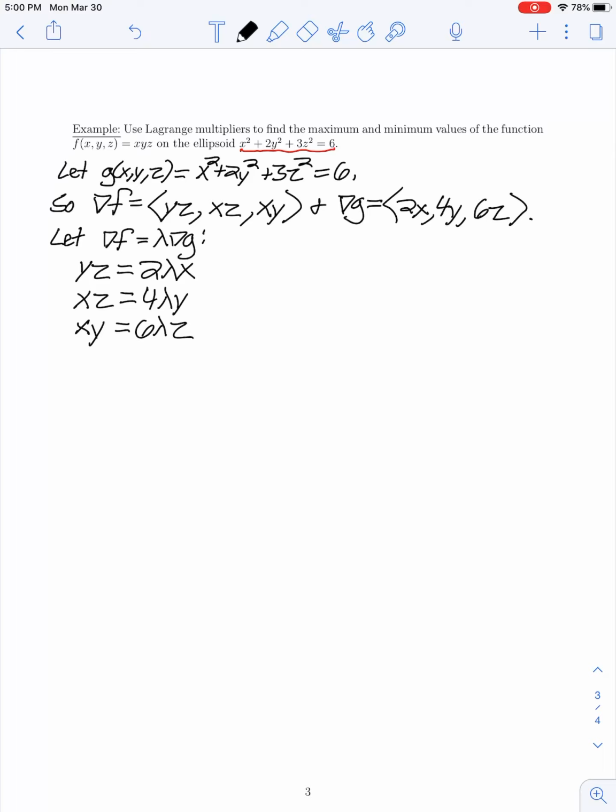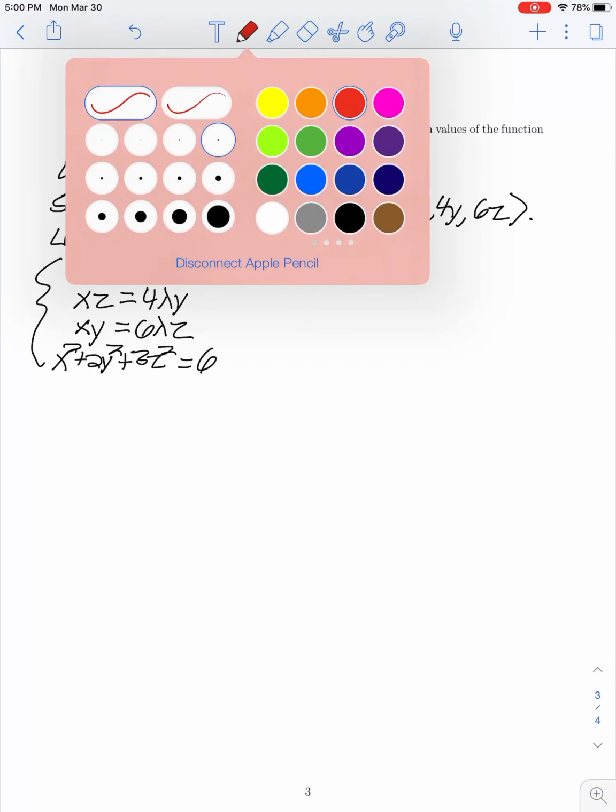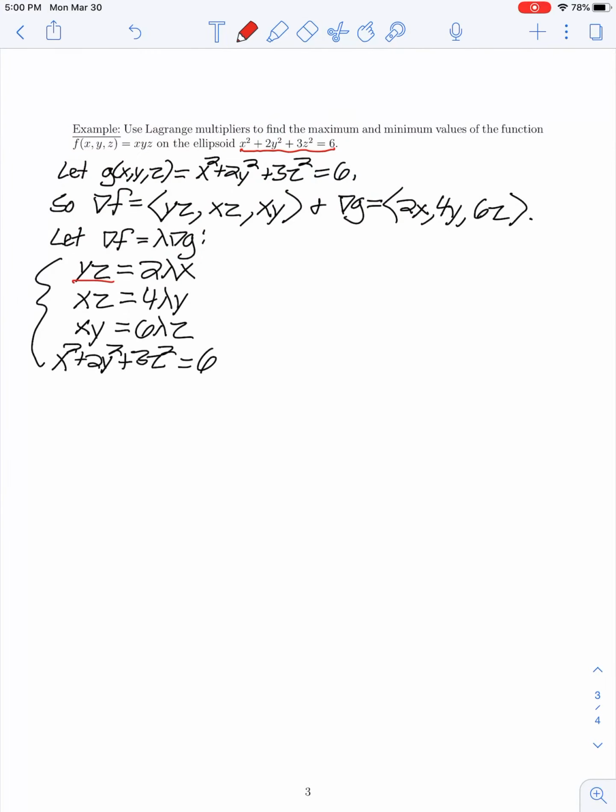And equating the third components, we have x times y is equal to 6 times lambda times z. And our constraint equation was the equation of this ellipsoid. We know that x squared plus 2y squared plus 3z squared has to equal 6. So we're considering the following system of equations, and this one's a little bit trickier to solve.